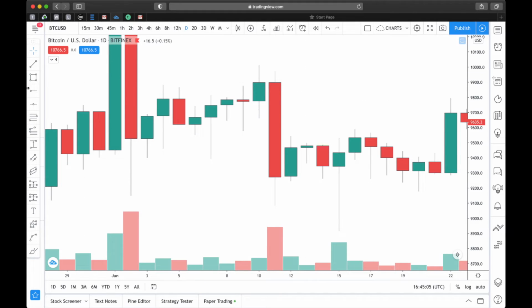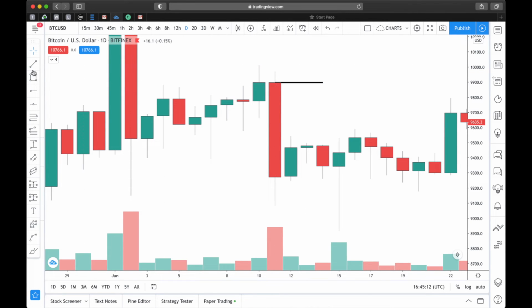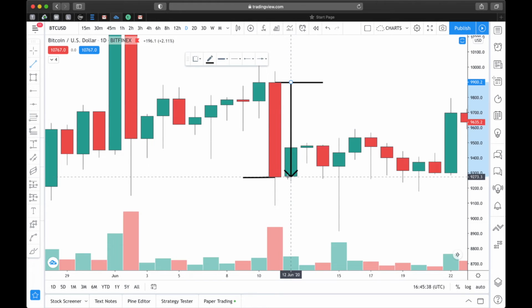So now we have the opening price here, right? That's the opening price. We have the closing price here, right? Can you see? The opening price is higher than the closing price because price dropped. Price moved from this region down to this region during that day. Do you understand?